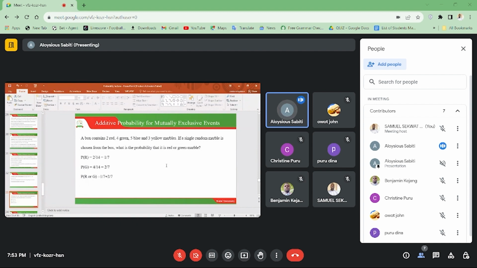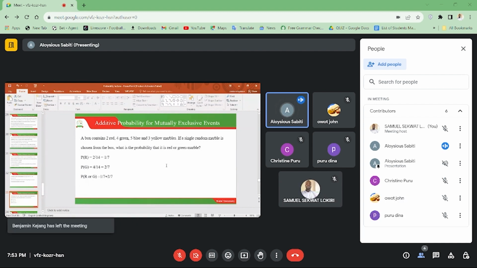And then the probability of getting a green marble would be 4 divided by 14, which equals 2 divided by 7. So the probability of getting either a red or green marble would be 1/7 plus 2/7, which gives you 3/7, the probability of getting either a red or a green.